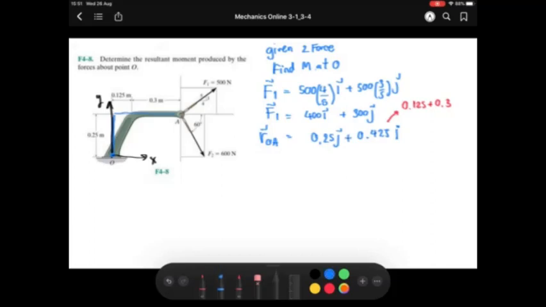So I will rearrange these terms to reduce some confusion here.